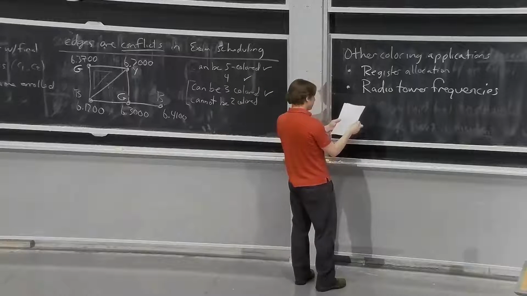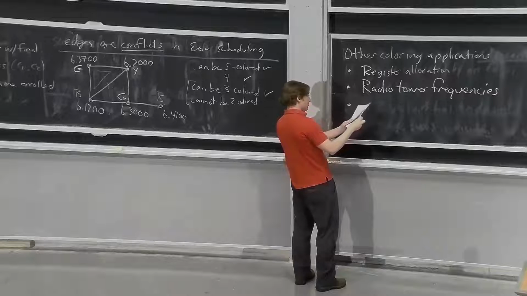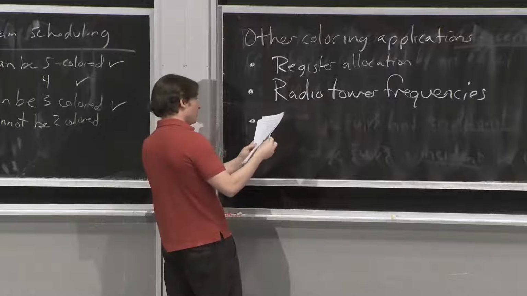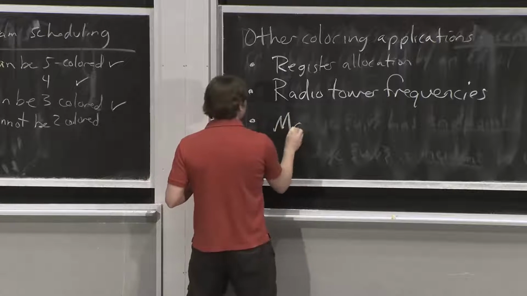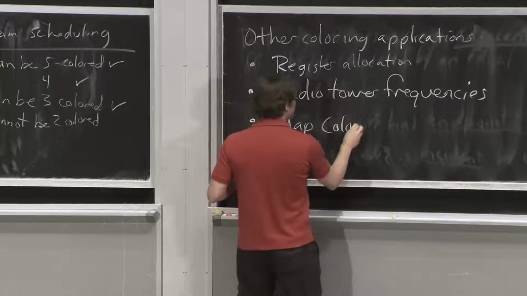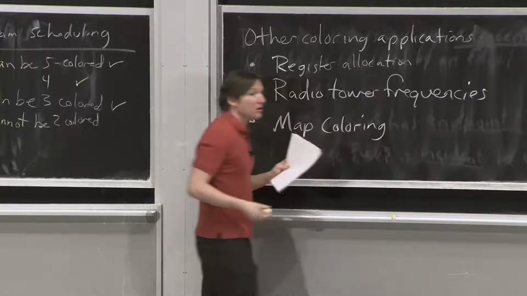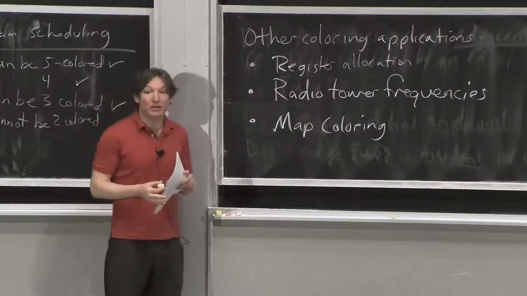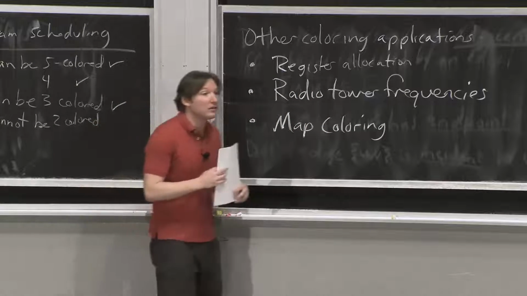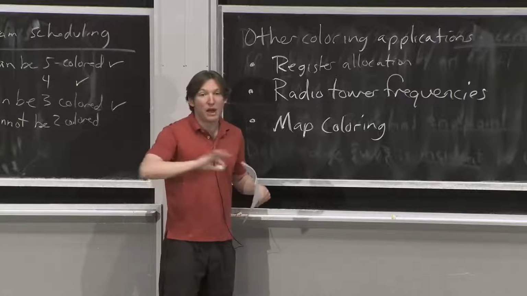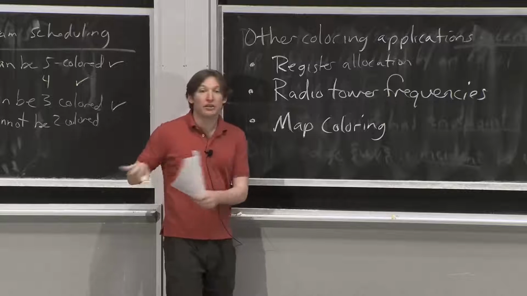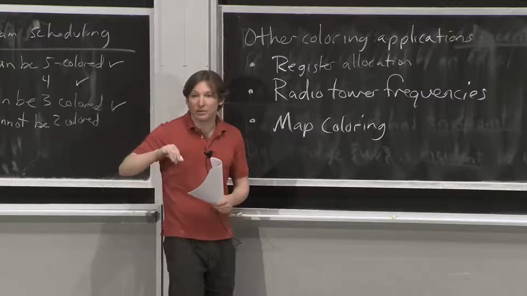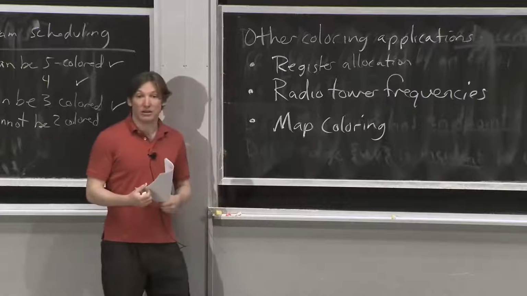In general, where did I put this list? Way over here. No, come back. Let's see, map coloring. A while ago, Eric told us about the four-color theorem, that every planar map, every map that you draw on a sheet of paper, you can color all the regions in different colors so that two neighboring regions never have the same color.